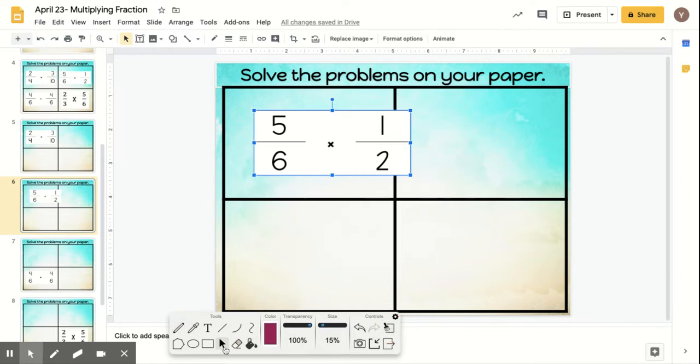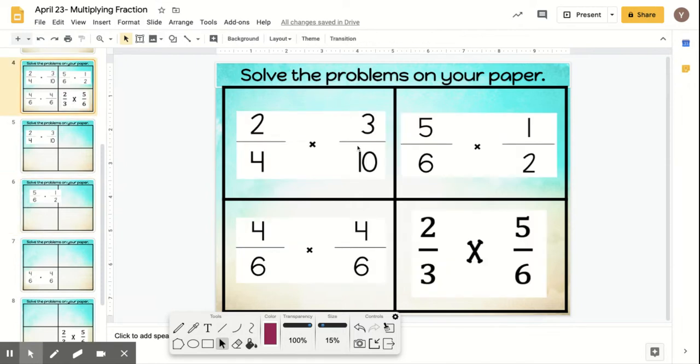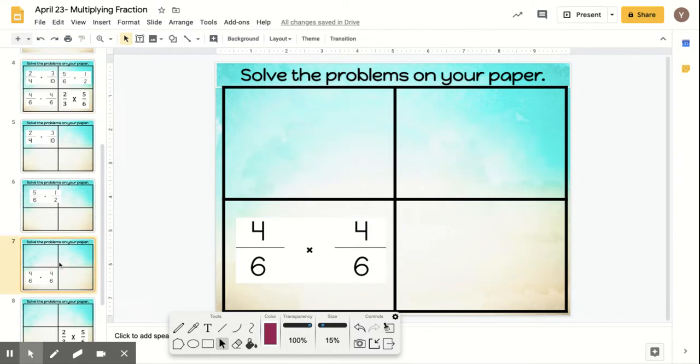Now I'm going to go to my third problem, and my third problem was 4/6 times 4/6. So I'm going to say 4 times 4 is 16, and 6 times 6 is 36.